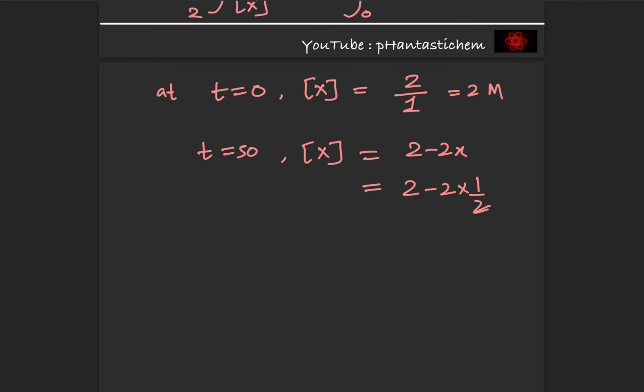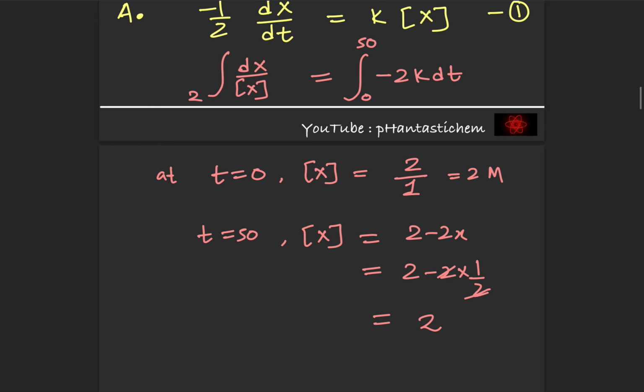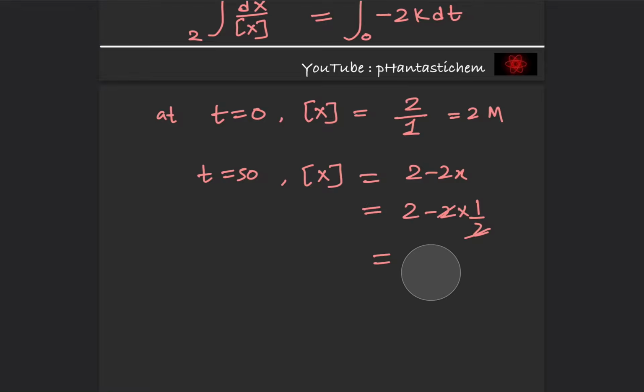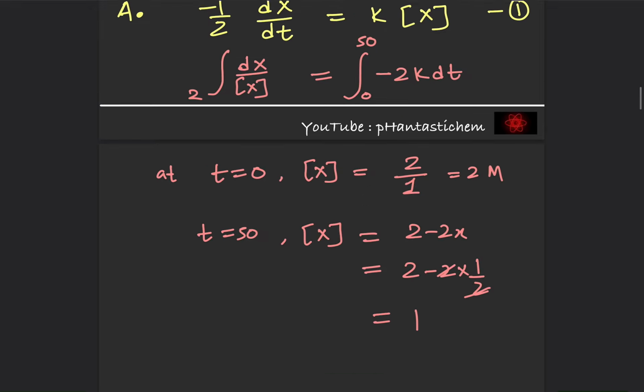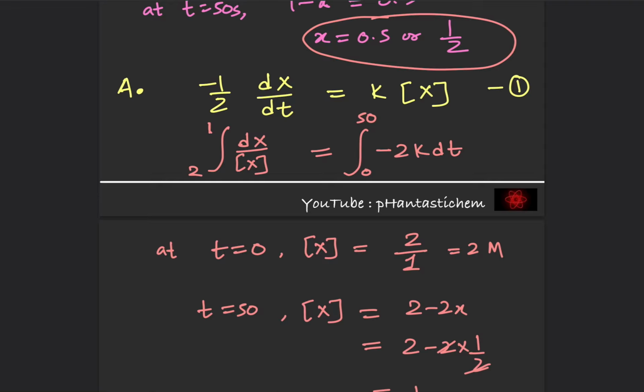So it will be 2 minus 2 into 1 by 2. Sorry, 2 minus 1 is 1. So the concentration of x is 1. These are the limits of integration: at time t equal to 0, the concentration of x is 2, and at time t equal to 50, it is 1 molar.